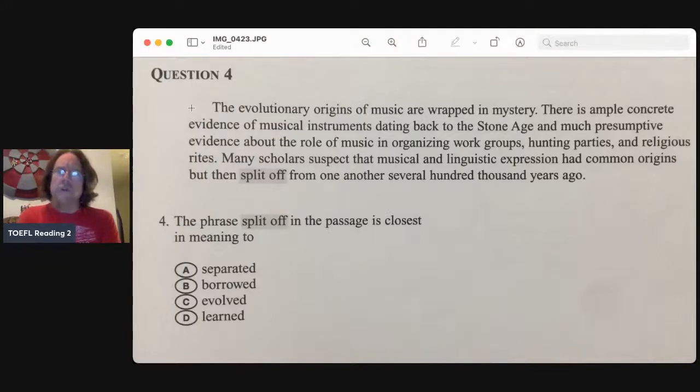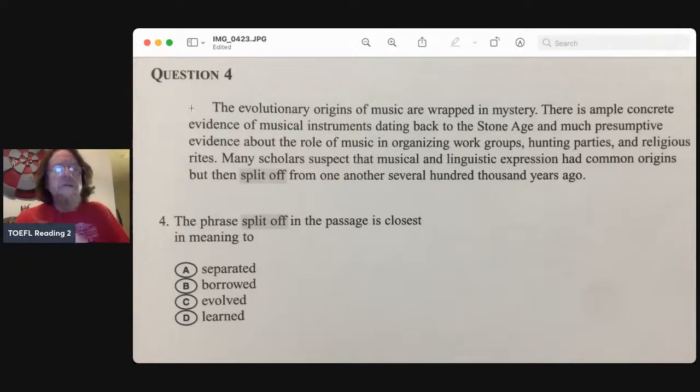The evolutionary origins of music are wrapped in mystery. There is ample concrete evidence of musical instruments dating back to the Stone Age, and much presumptive evidence about the role of music in organizing work groups, hunting parties, and religious rites.